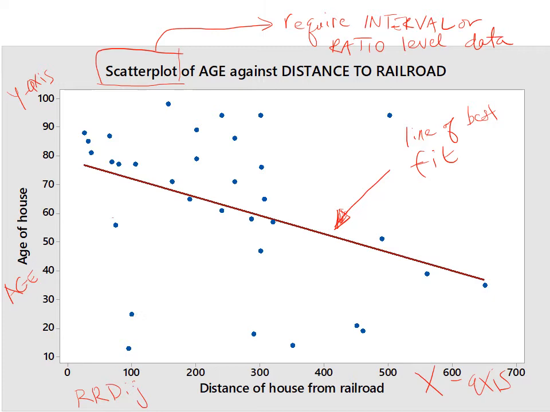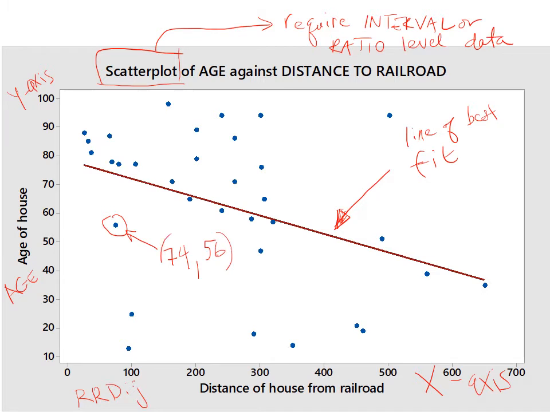Each of these points corresponds to a single house. This point in particular is the house that is about 74 meters from the railroad. It's one of the closest houses, and it is 56 years old.